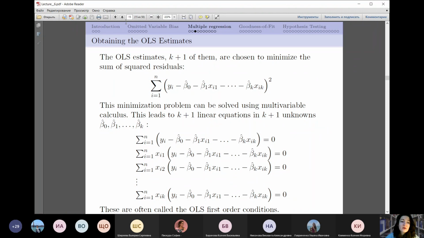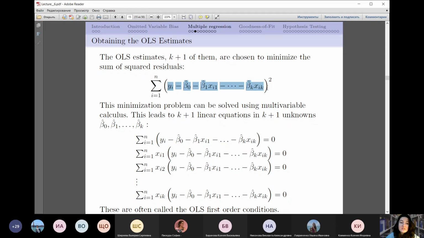So how can you use the ordinary least squares method? Mechanically, there will be no difference in using the method of ordinary least squares to estimate equations in simple or in multiple regressions. So you still should remember that your main goal is to minimize the sum of squared residuals, this one.